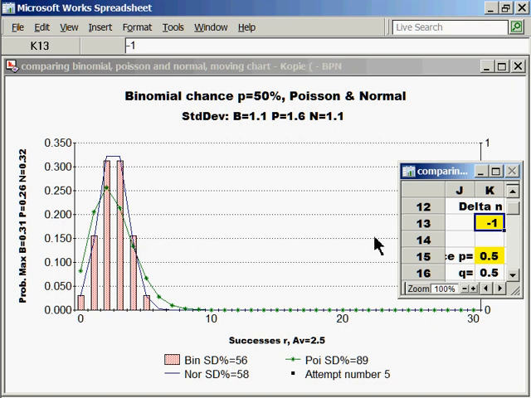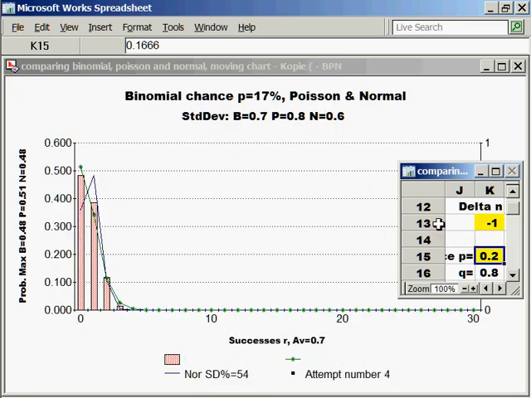And we can change it to have a look at dice. Probability of getting a 6 is about 16%. Let's go up.